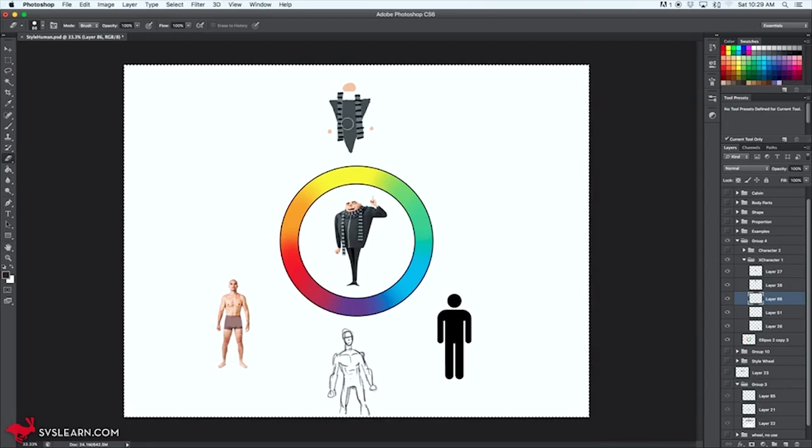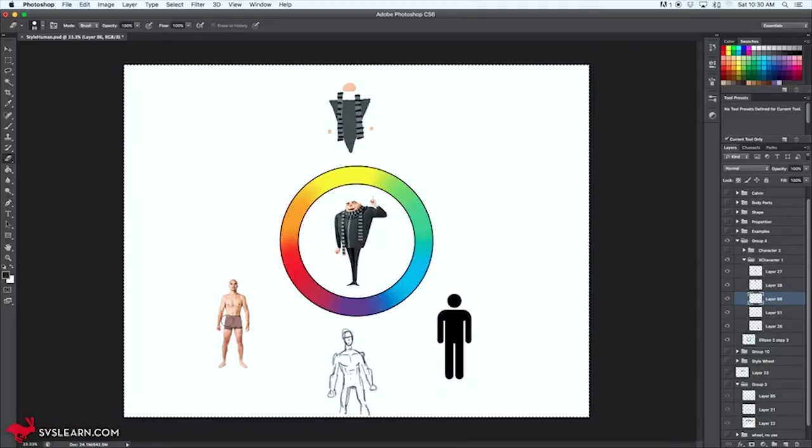Gru is this perfect combination of these three elements of style, right? You've got the abstract elements coming into play here, which are really giving him these broad shoulders, these narrow limbs, the gray colors that he wears. You also have this realistic rendering from the lighting that they've done on the character. He's got realistic shadowing.